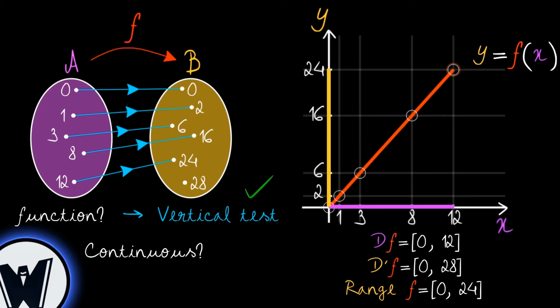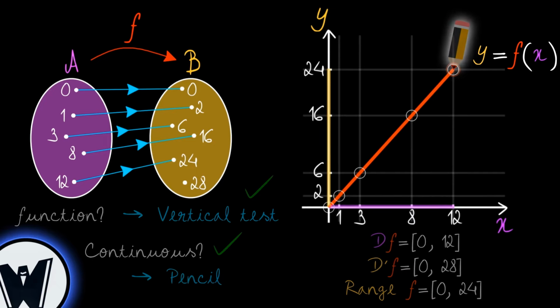One simple way to see this is by using a pencil following the path of our function. If we have to raise our pencil during this, then it means that there's a discontinuity and the function is not continuous in its domain. In this video, we will only consider continuous functions. Hence, function f is a continuous function.